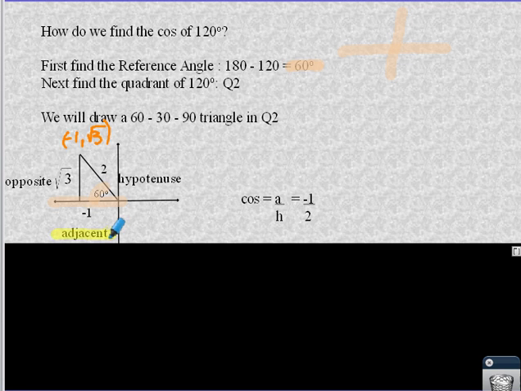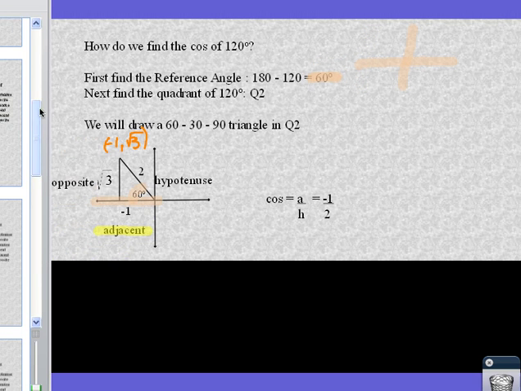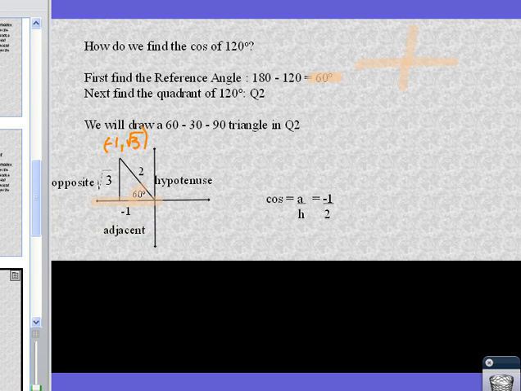So adjacent is negative, and opposite is going to be positive, because this, in fact, is still positive y. So if we looked at the cosine, here's our triangle. It's going to be adjacent over hypotenuse, and that doesn't change at all.